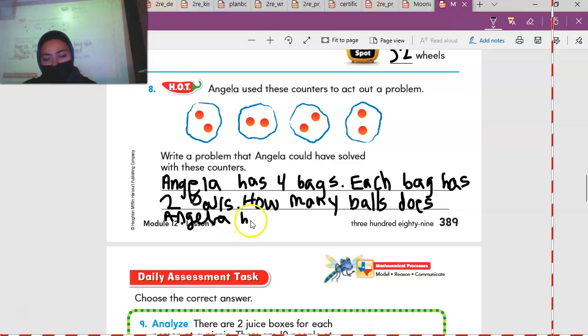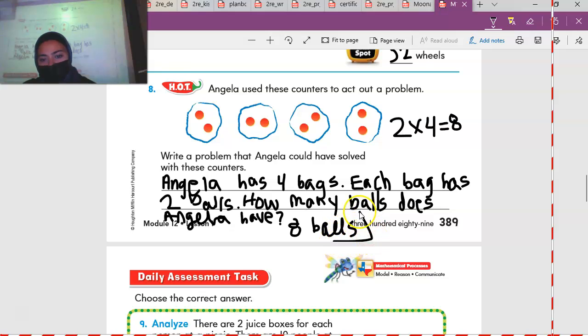All right, how many balls does Angela have? 2, 4, 6, 8. So this is 2 times 4 equals 8. So she has 8 balls. And then box your answer, because they told you to solve it, right?